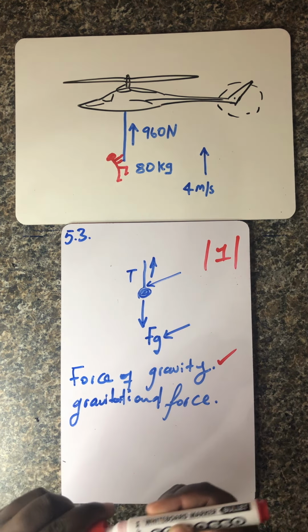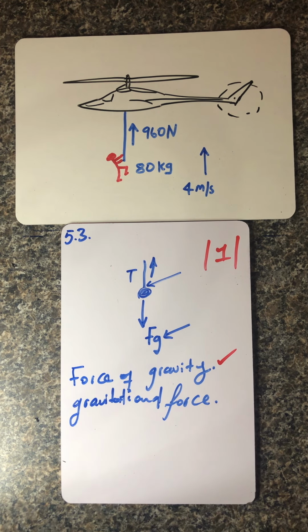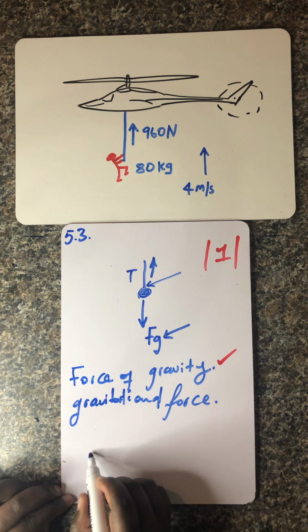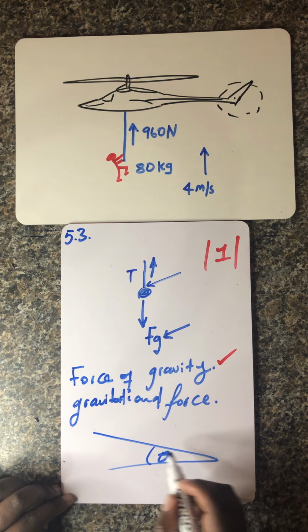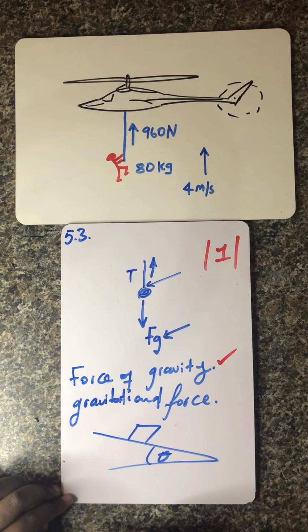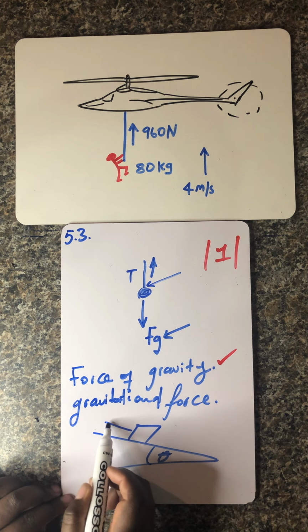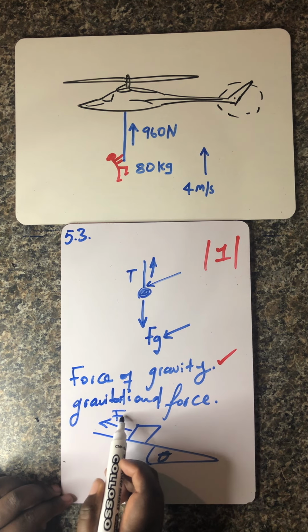Okay, so can we make use of this opportunity to explore all the contact forces? If we've got a slope at a particular angle, and we've got an object there, let's say we've got a force being applied there.